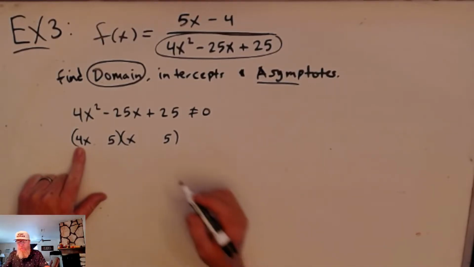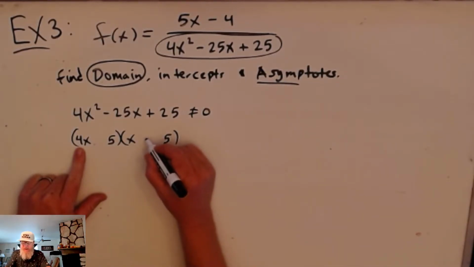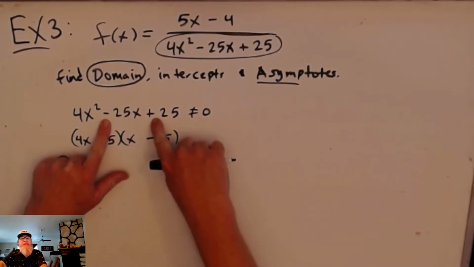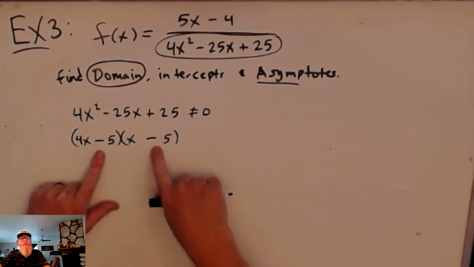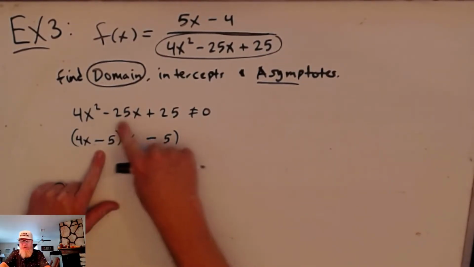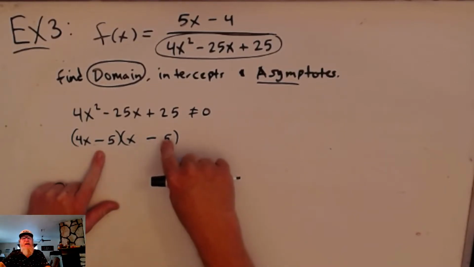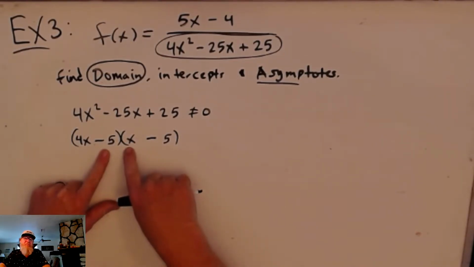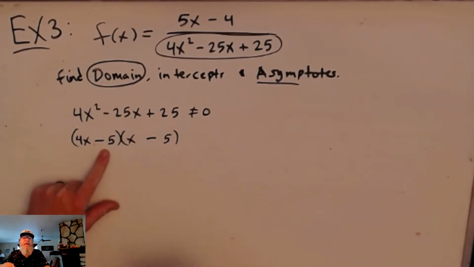I think this works, though, if I do my signs right. So a negative and a negative. There is a general pattern. If the last term is positive and the middle term is negative, then these must both be negative. And then just double check, eyeball it. 4 times 5 is 20, or negative 20. Then negative 5 and 1 is negative 5. And so that does, in fact, make negative 25.